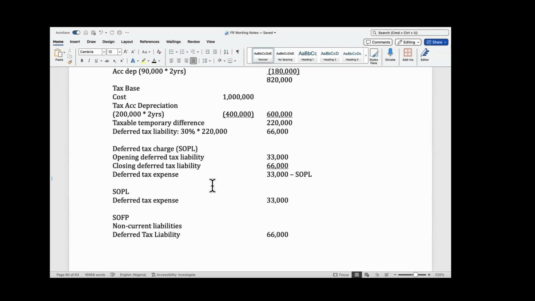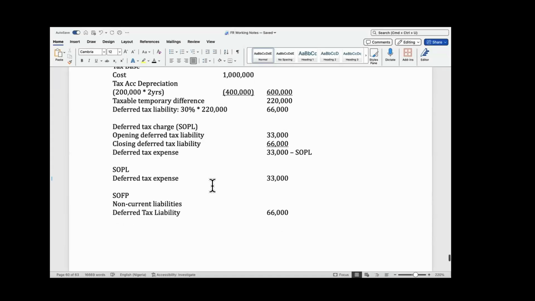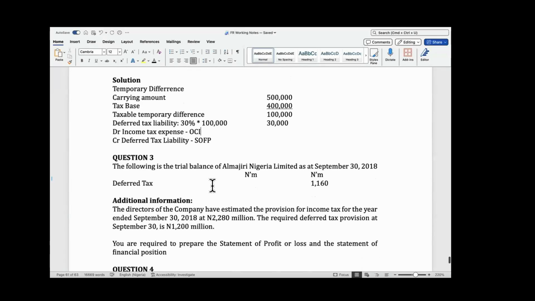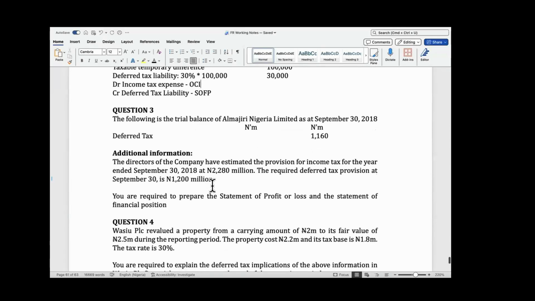That's the very foundation of accounting, the very basic accounting. So when liability is increasing, it is an expense. When it is decreasing, it is an income. That's why. Good question. Any other question?